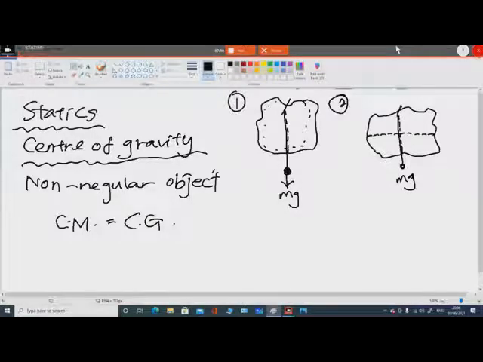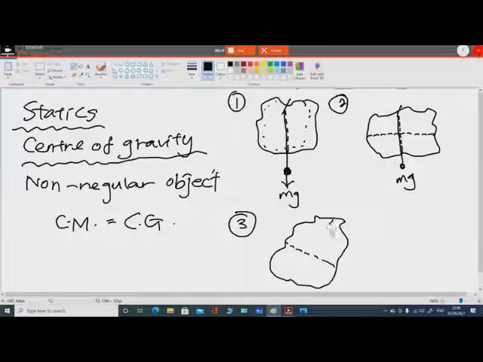Let's move on to the third step. Let's say I set this object in this position. From the first step and the second step of this experiment, these are the marks from the previous steps. Let me choose the third point.